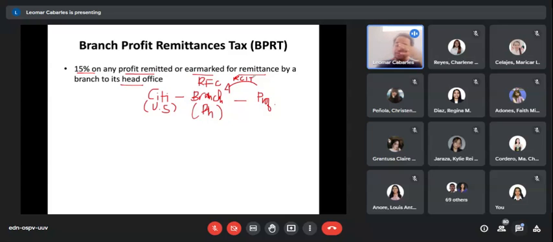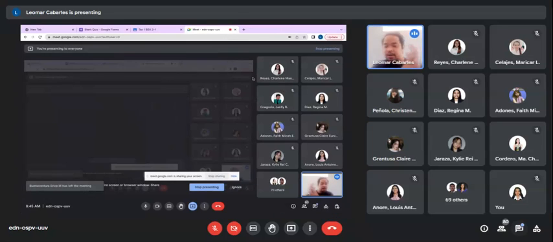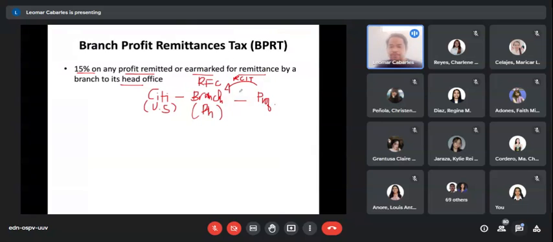So which is 25%. Or kung FCDU yan dahil bangko, then it's the 10% or maybe exempt. Okay? Yung profit na to nasa Pilipinas pa. Pero as a branch, magre-remit ka dito. Dito mag-a-apply yung BPRT.